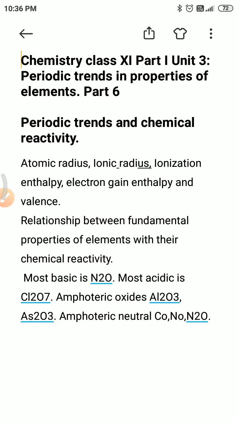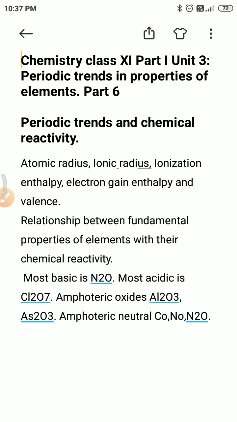The ionization enthalpy increases and electron gain enthalpy becomes more negative across a period.